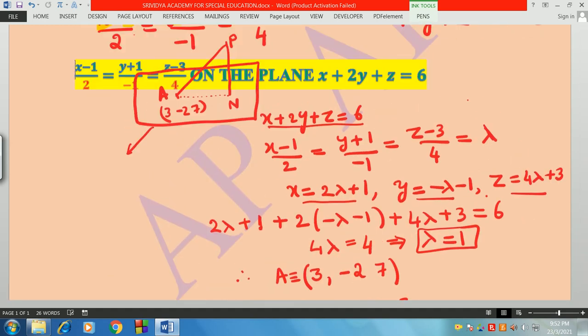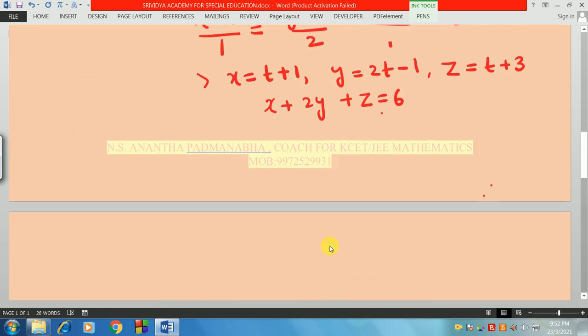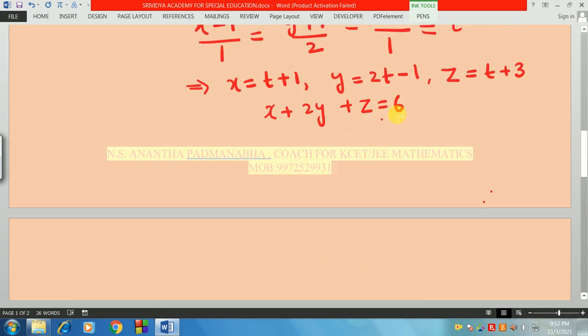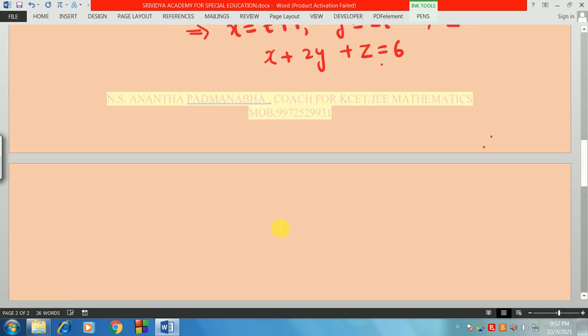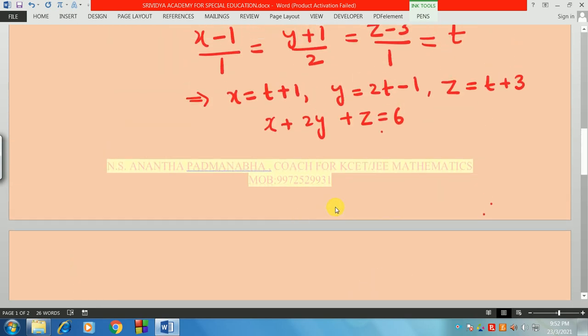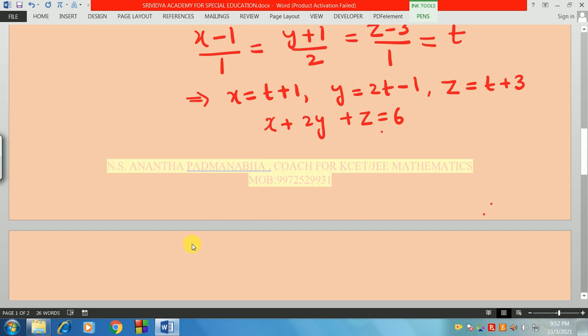We substitute for x, y, z in x plus 2y plus z is equal to 6, that is, t plus 1 plus 2 into (2t minus 1) plus t plus 3 is equal to 6.